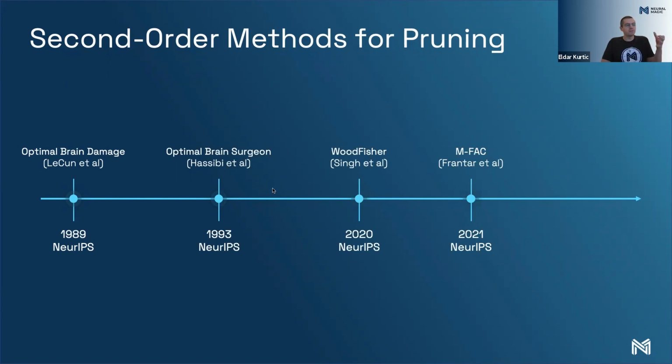Our 3 papers, WoodFisher, M-FAC, and Optimal BERT Surgeon, are built mostly on top of the Optimal Brain Surgeon framework. The main idea was to adapt this framework and make it more efficient and scalable for the neural networks that we are using these days, with model sizes ranging from 10 million to 100 million parameters.